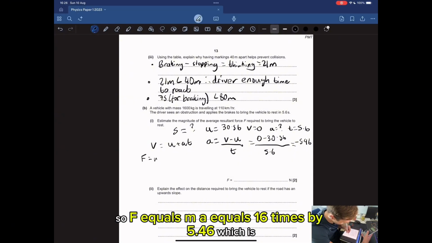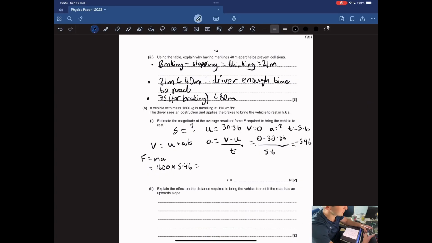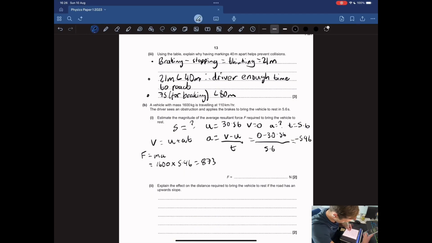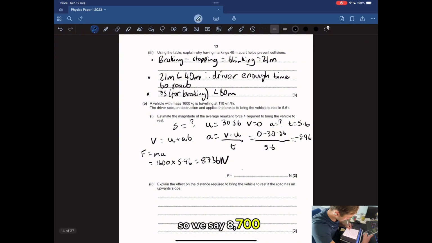So F equals MA equals 1600 times 5.46, which is 8,736 newtons. So we're going to say 8,700.